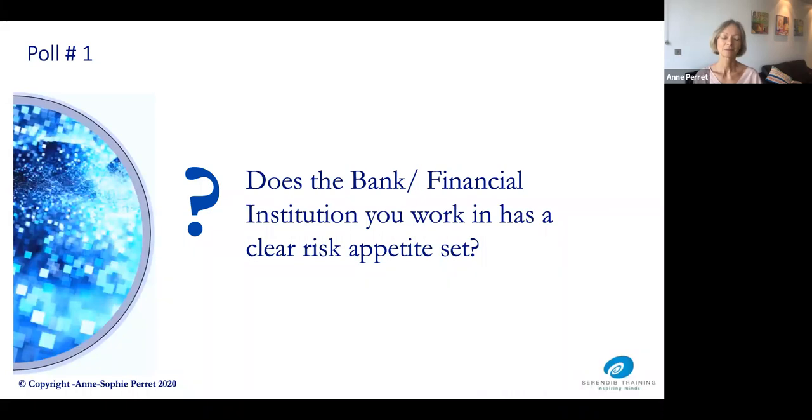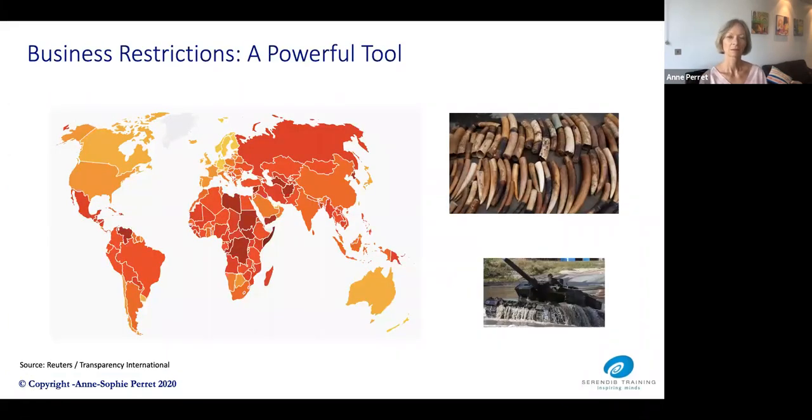Why do you think risk appetite is important, and why do we say that it's such a powerful tool in getting the risk mitigated? This slide gives you a bit of tips, but when we talk about mitigation techniques, we don't necessarily only talk about controls.